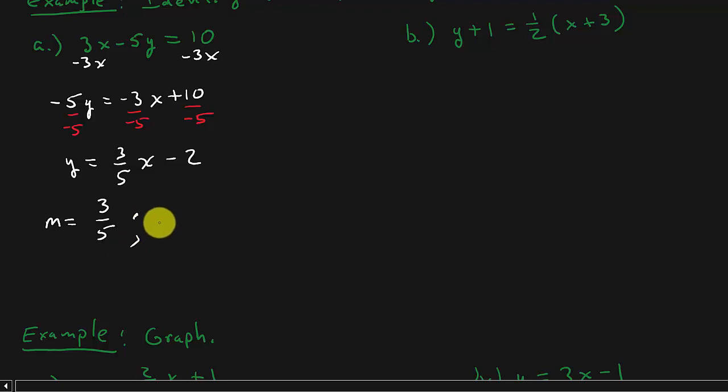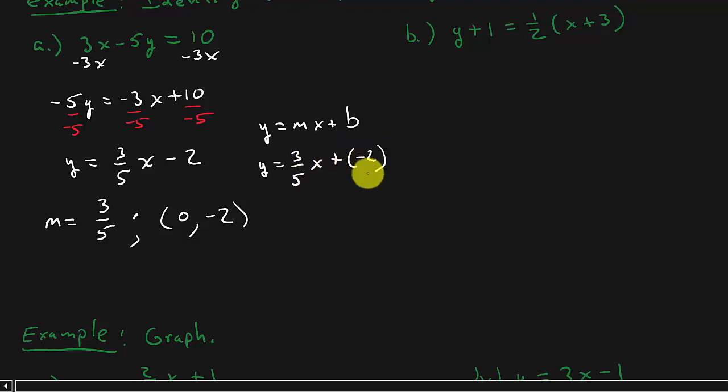And then the y-intercept is b, and in this case, b is negative 2. I know the formula says y equals mx plus b, but this can be written as 3/5 x plus a negative 2, right? See, there's your plus and there's the negative, so negative 2.